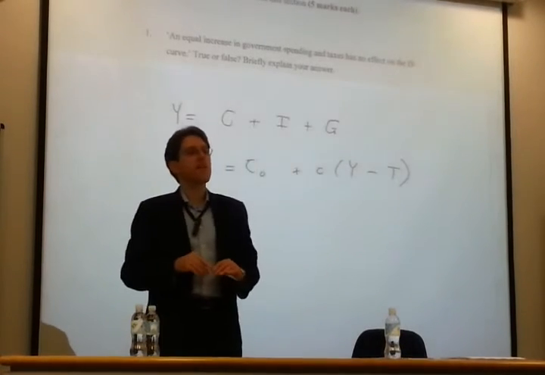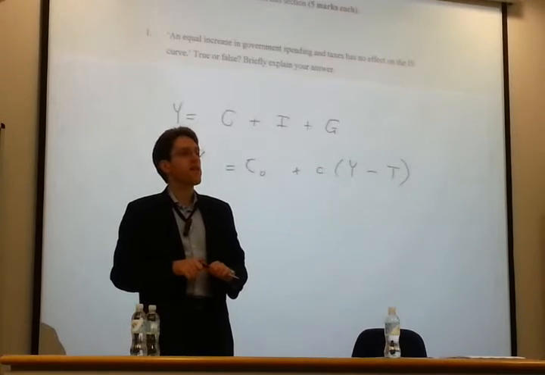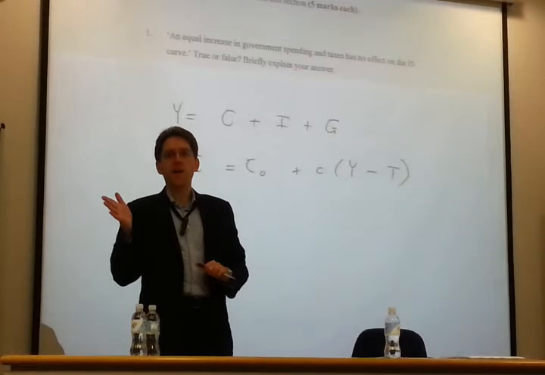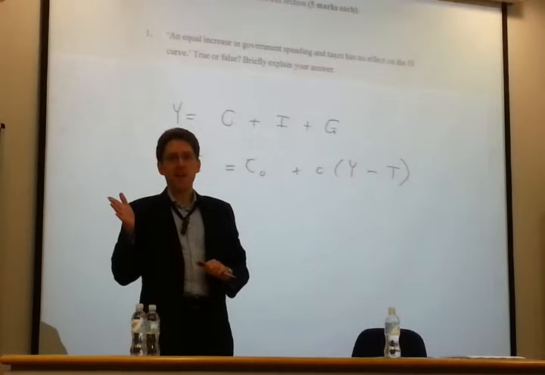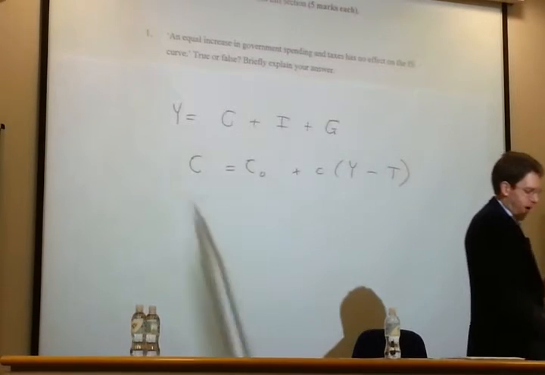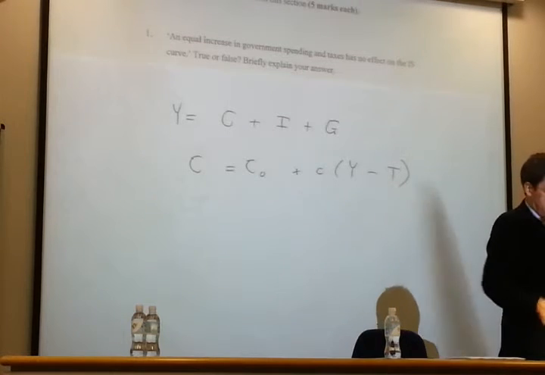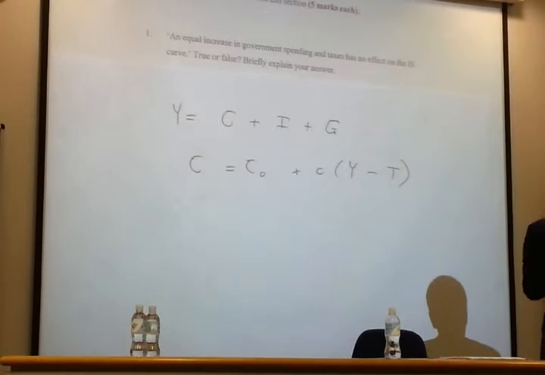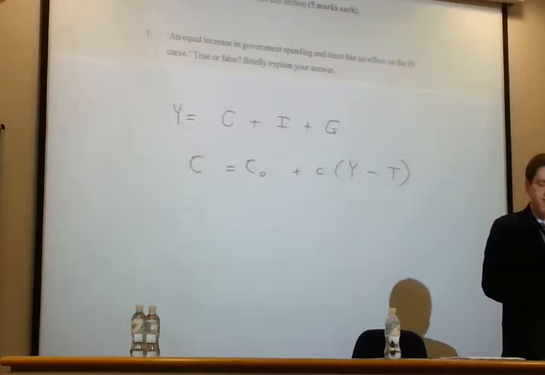It's the marginal propensity to consume. So basically, how much does C rise if Y minus T, disposable income, increases by $1?